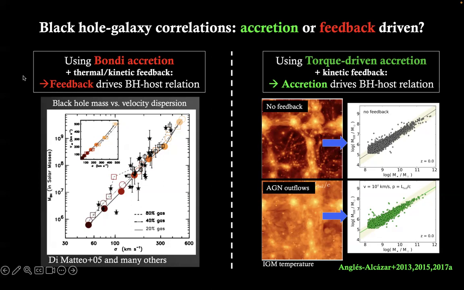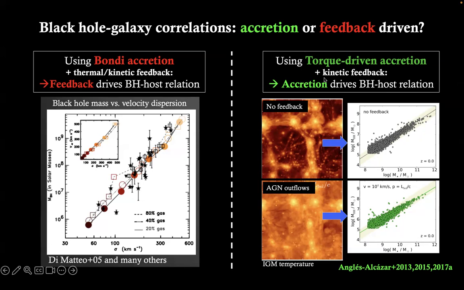Simulations that use Bondi accretion and then some form of feedback for the AGN predict that the black hole galaxy relations are driven by feedback. So the main physical mechanism in the simulations is feedback self-regulation by the black hole, which dominates the M sigma relation, which is of course a beautiful result.